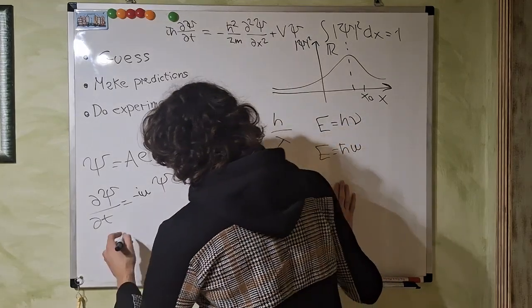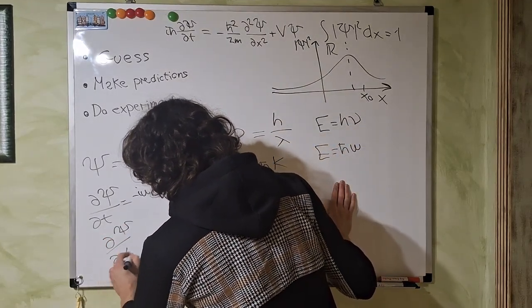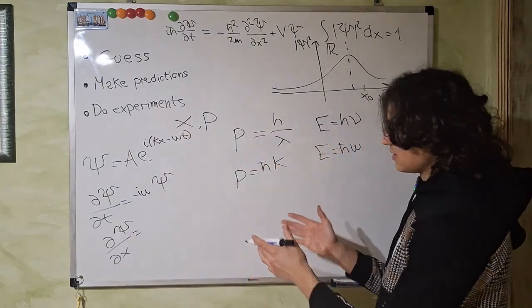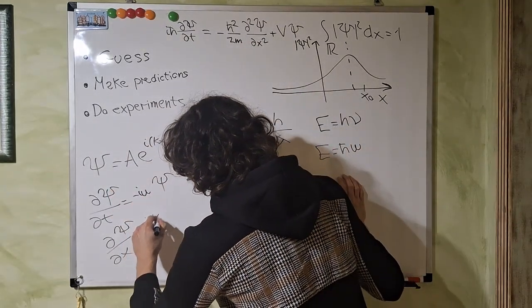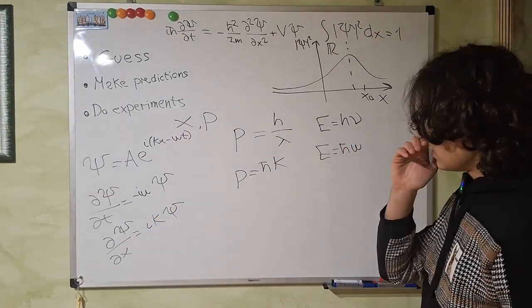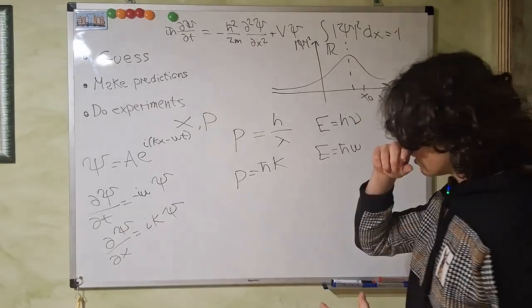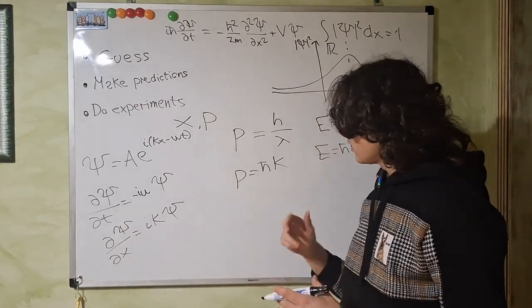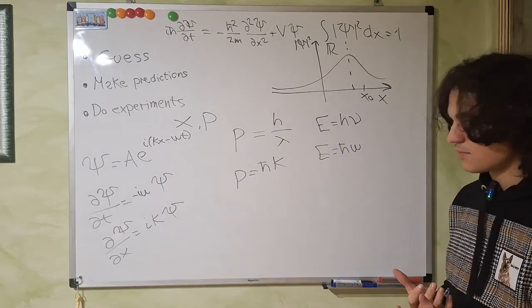And we can do the same with respect to space. So with this derivative, we bring this factor ik in front of it, and that's our relation. Now, as you can see, we can sort of recover from the wave function this momentum and the energy.